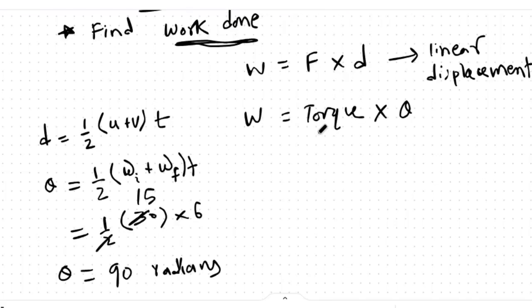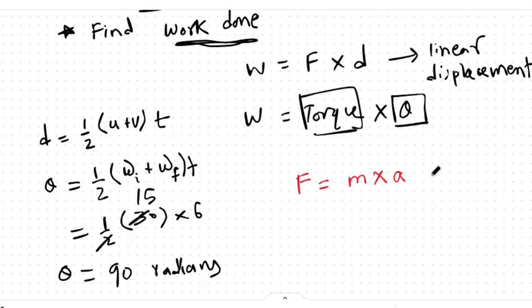Now we calculated this angular displacement. Let us calculate the torque, and then we can just multiply these numbers. We know that force is equal to mass into acceleration. This is for the linear acceleration.